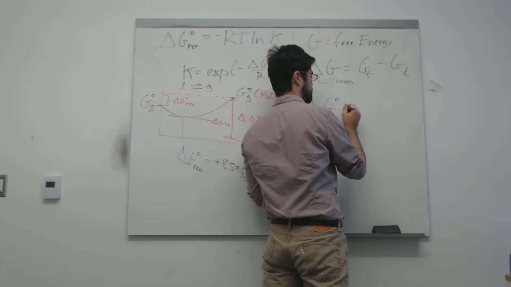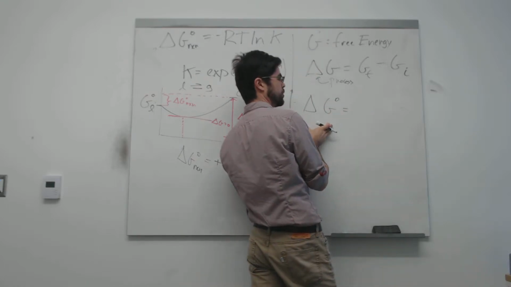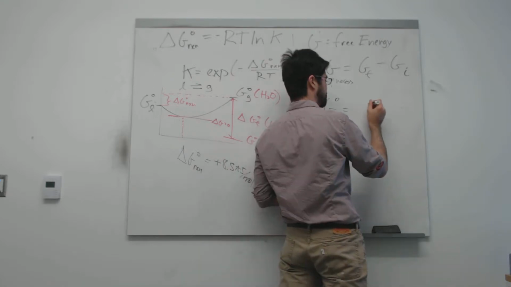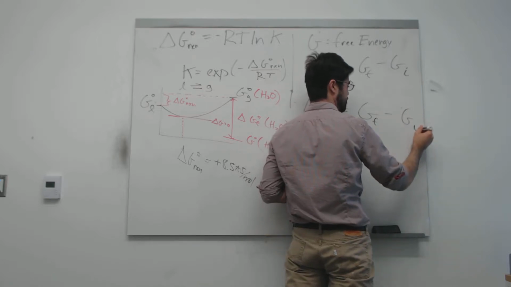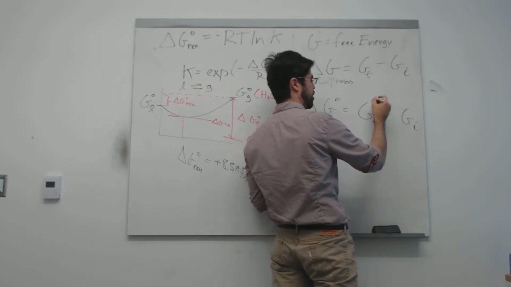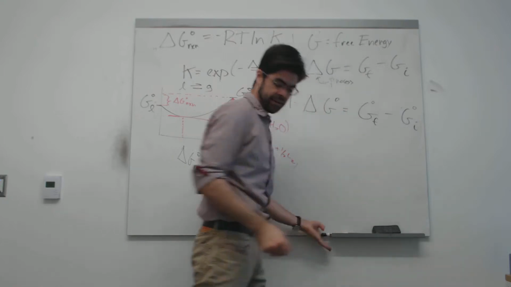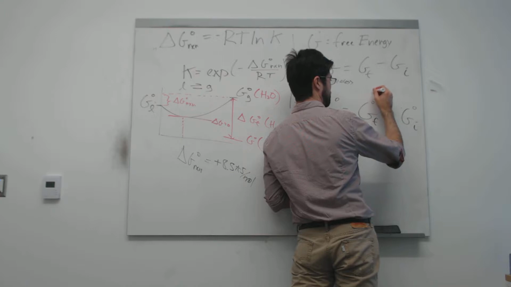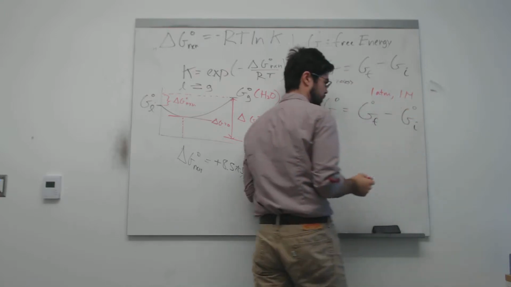Delta G naught is specifically a change for a chemical or physical process, but one where the free energies of your initial and final states, the substances you're dealing with, are all at their standard conditions. That refers to the specific case when everything is at 1 atmosphere pressure and 1 molar concentration.